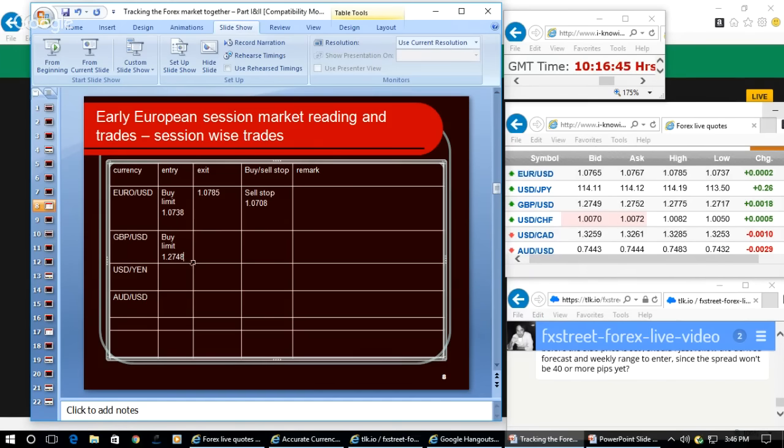So we will try to take a buy as a technical trade, a buy above the initial high. Then the exit order at 1.2795, because normally they go closer to the psychological level and reverse.